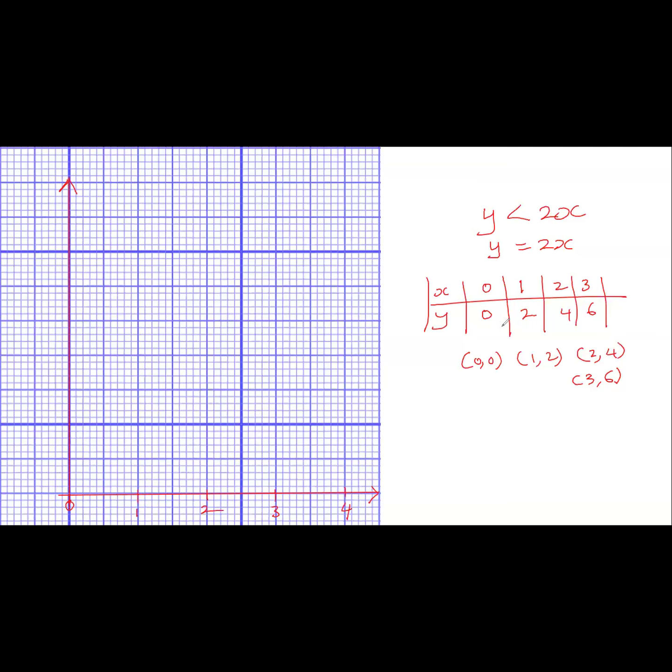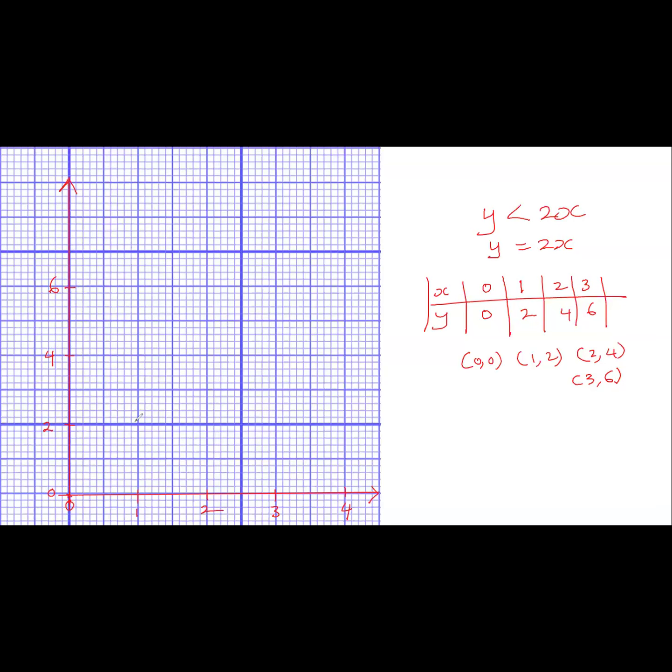You are not saying you have 0, 2, 4, 6. Please do not cram. Here, you can use a different scale. You can say this is 2, this is 4, this is 6, as long as the scale is uniform.